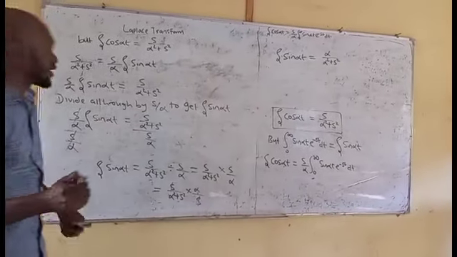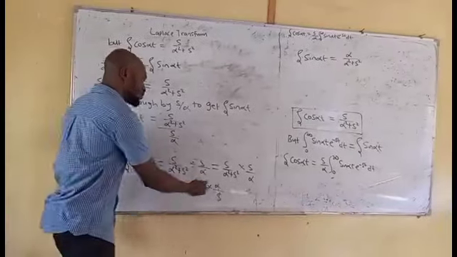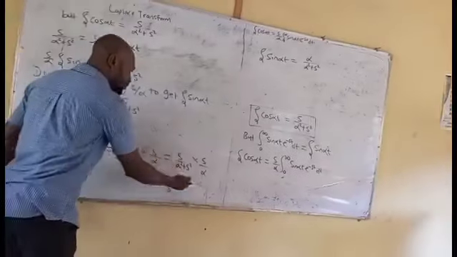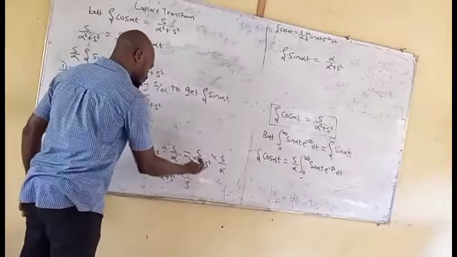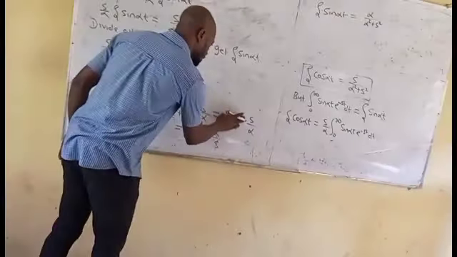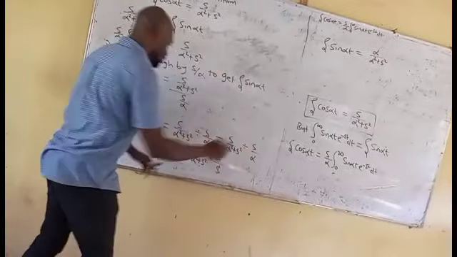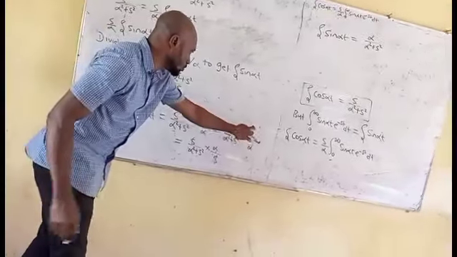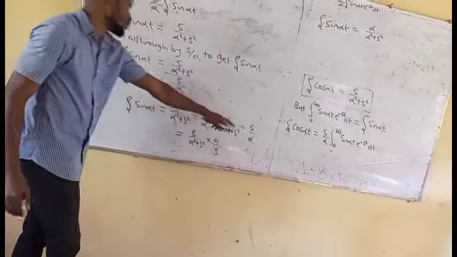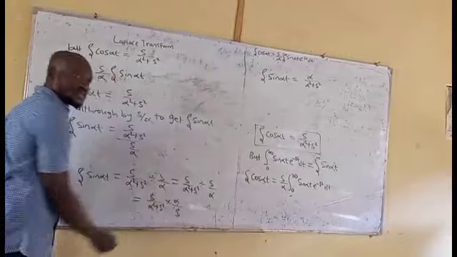Understand? So that's the final answer, because this s will definitely cancel this s. So if you are changing this sign to a multiplication sign, it will now be times, this one will go up, this one will come down, so that this s will cancel this s.